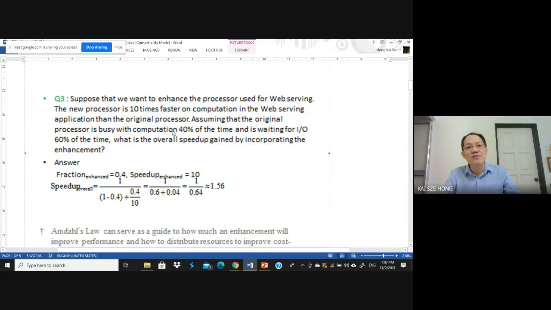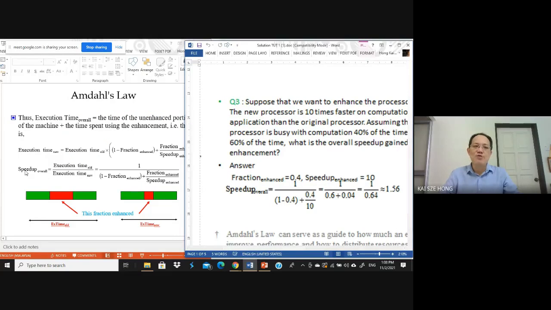Assuming that the original processor is computing 40% of the time, and it's waiting for input-output 60% of the time. Input-output you cannot improve, but for this 40%, you are able to improve it 10 times faster. So what is the overall speedup gain by incorporating the enhancement? This will be the formula that we want to use.